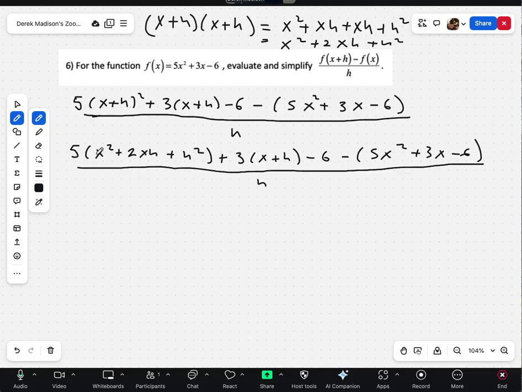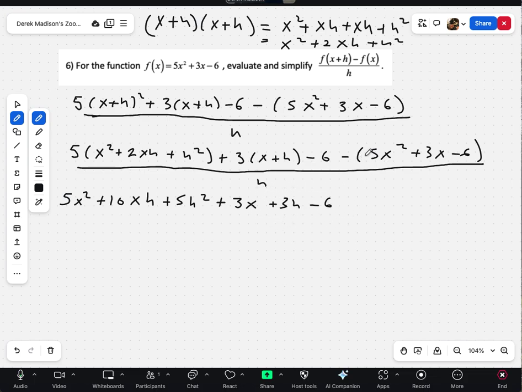Okay, so then we're going to go ahead and distribute through our parentheses. So up front here we're going to have 5x squared plus 10xh plus 5h squared. And then we'll distribute that 3 and get 3x plus 3h minus 6.